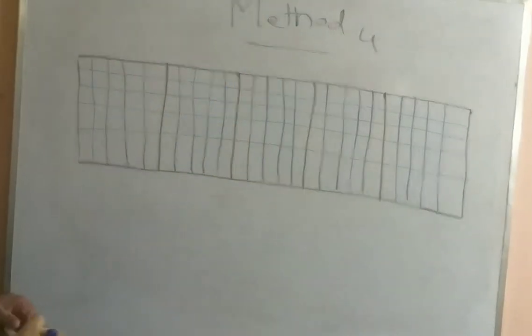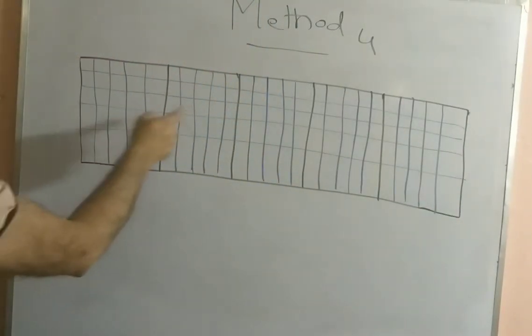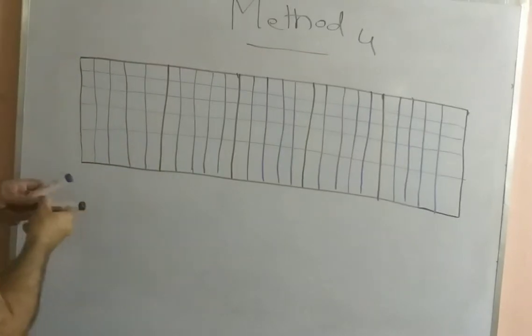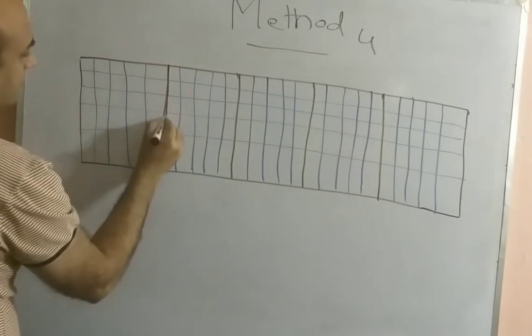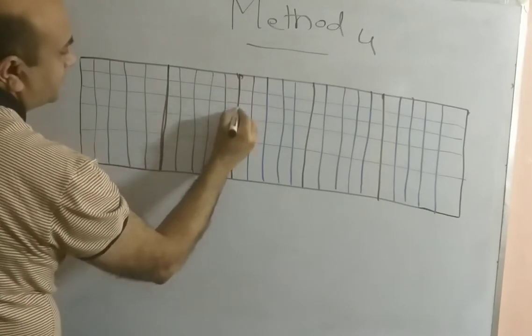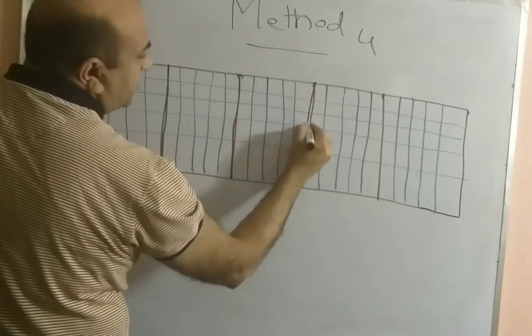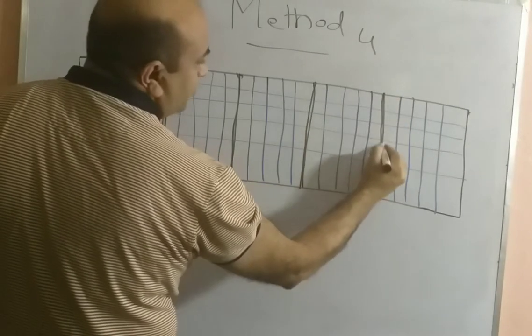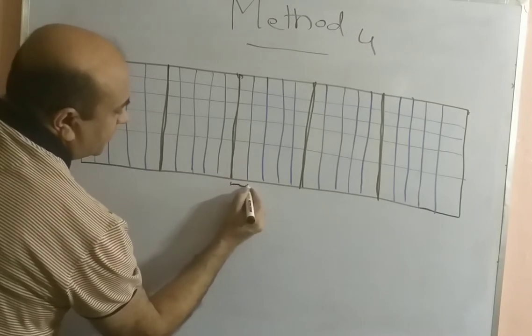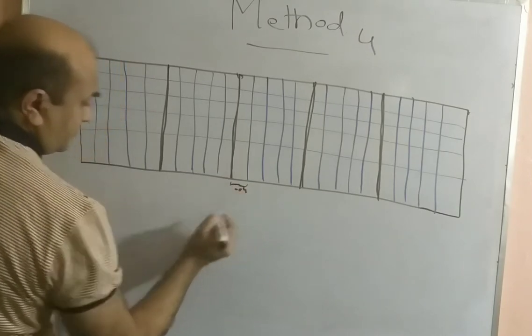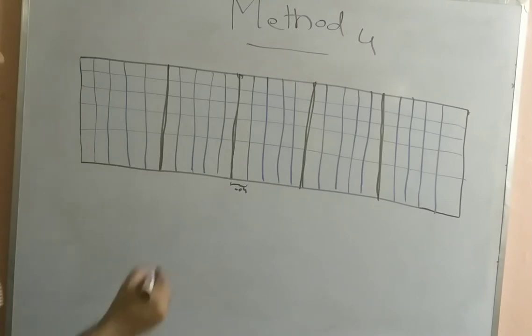So these are 5 large boxes: 1, 2, 3, 4, 5. Let me make the large boxes even bolder so that we can appreciate that there are 5 large boxes. Now the duration of one small box is 0.04 second.